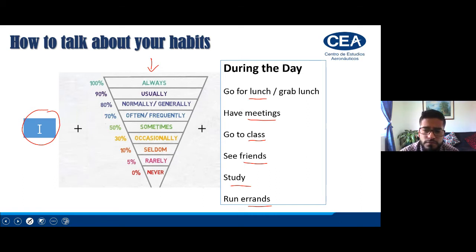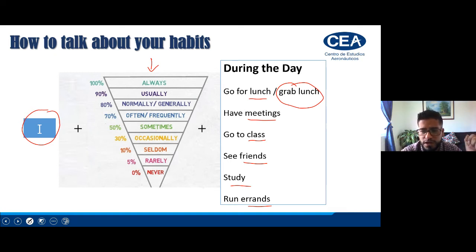In this specific context about lunch, the expression "grab lunch" means that you run to the restaurant, grab your lunch very quickly, and return to your activities, maybe to your work, to your office. This is an expression that sometimes happens when, for example, we don't have enough time, so you have to have lunch really quickly.